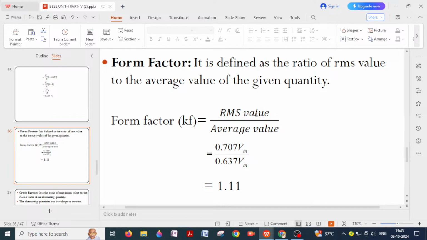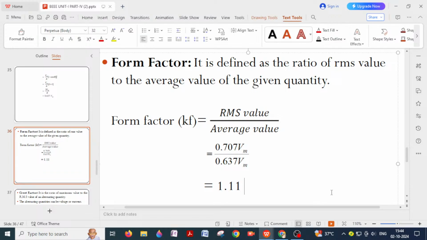Form factor is a constant, which is given by 1.11. So it is always constant. Just note down the form factor definition and its formula. Form factor is always 1.11.